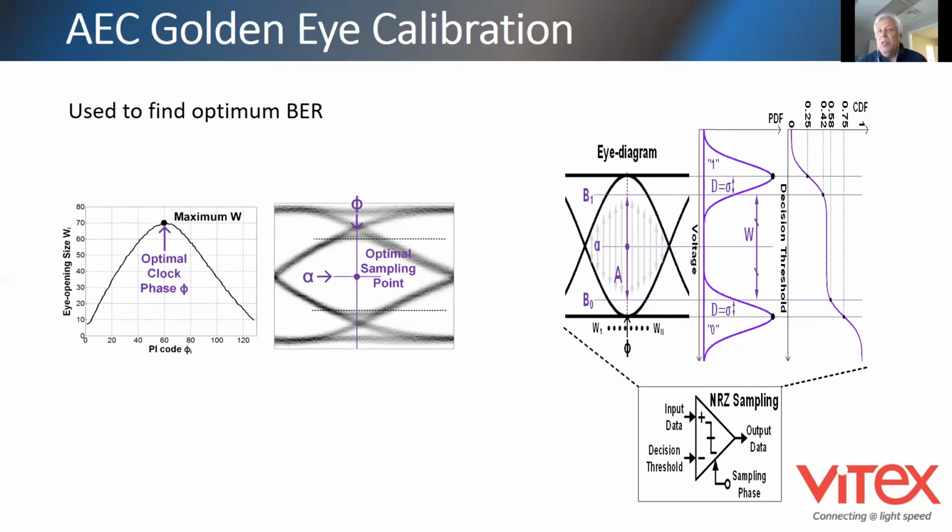phase angle. Once we have that phase angle calibrated, we're looking for what I will call a decision threshold. And if you look to the right side of the screen, you can see some complicated graphs which talk about the decision threshold. But basically, it's looking at that voltage and the separation.